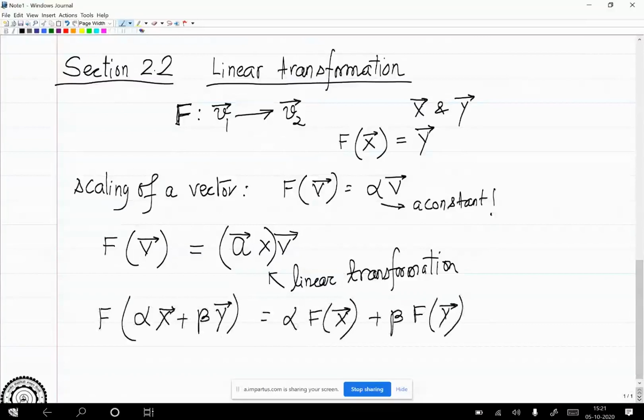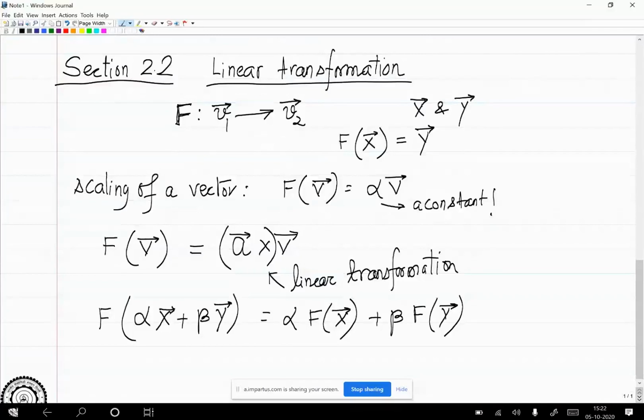So that's the property of linearity. If the map has to be linear, then it must follow this formula. So if a transformation follows this formula, then we call it a linear transformation. And you can show that the scaling of a vector and this cross product both follow this formula.